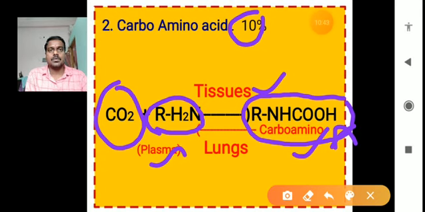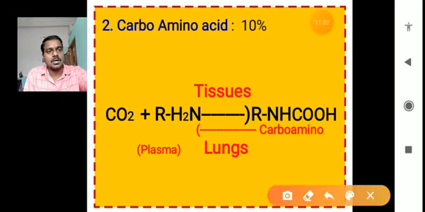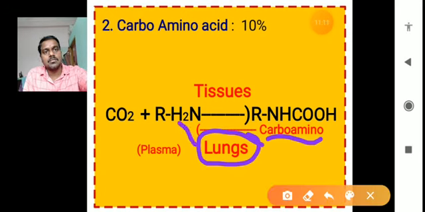The carboamino acid is likewise transferred to the lungs through the blood and reversely produces carbon dioxide. So the carboamino acid again reverses and releases carbon dioxide into the alveoli. See here, this is also a reverse process. The carboamino acid in the lungs forms RH2N, meaning the amino acid, and then H2O.